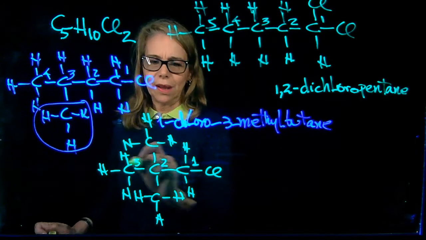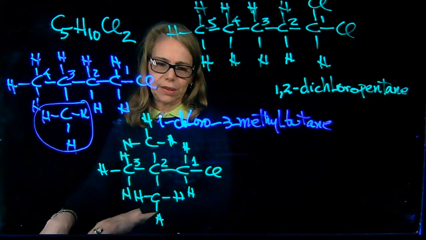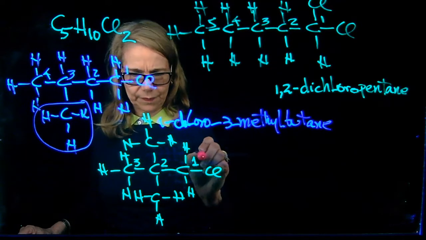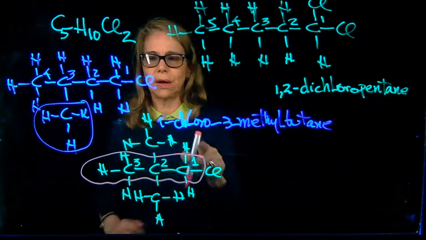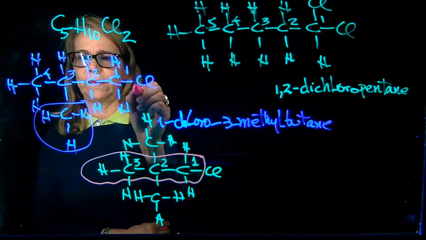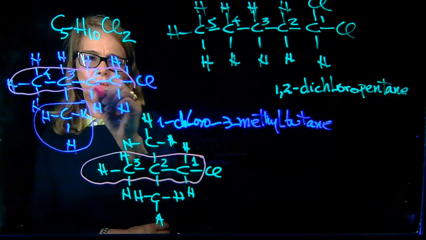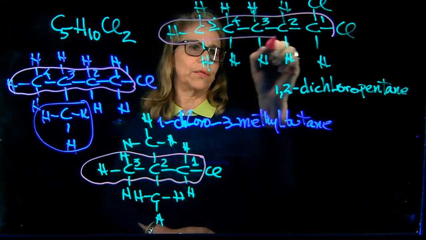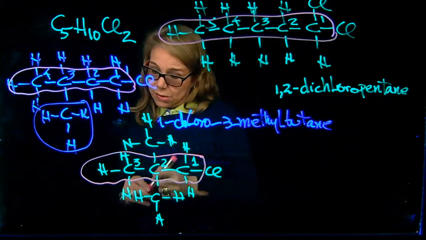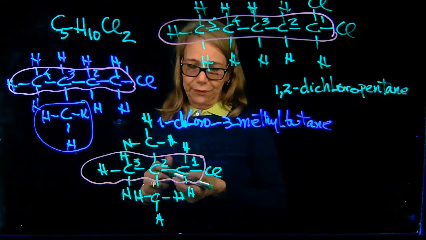Things are different. The longest chain is actually now this one, which contains 3 carbons. Here the longest chain was this one, which contained 4 carbons, and here it is obviously that, a straight line. So now this one, we're going to name it differently.